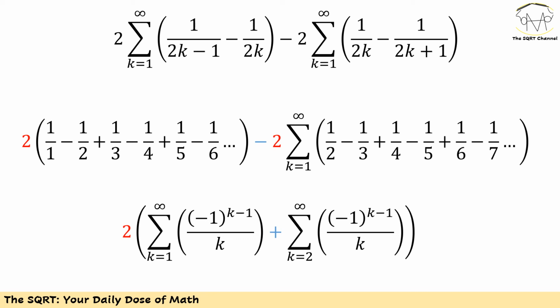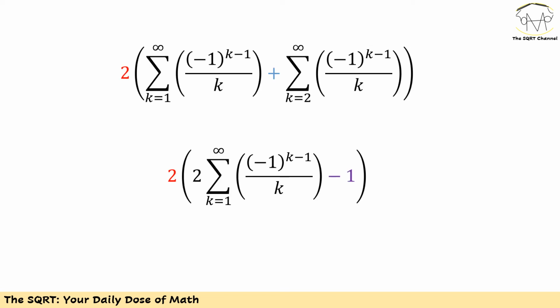I'm going to replace the whole thing that I have here with negative 1 to the power of k minus 1 over k. Starting from k equals 1, you're going to see that it gives me exactly the same infinite sum series. For the second one, I'm going to use the same trick, but this time I'm going to start with k equals 2 because the first thing is 1 over 2.